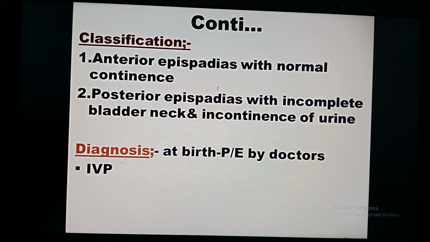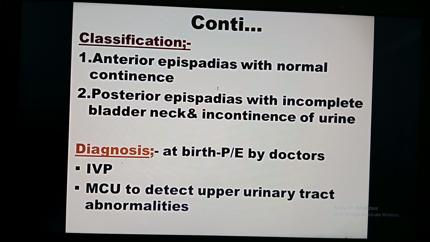Apart from that, IVP, intravenous pyelogram, that is the X-ray of the kidney, ureter and bladder, they will do. Then MCU to detect upper urinary tract abnormality. MCU means micturating cystourethrogram, to know the urinary flow, whether it goes from the bladder back to the kidney.